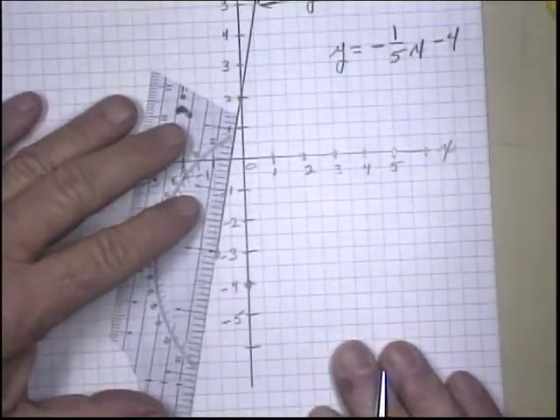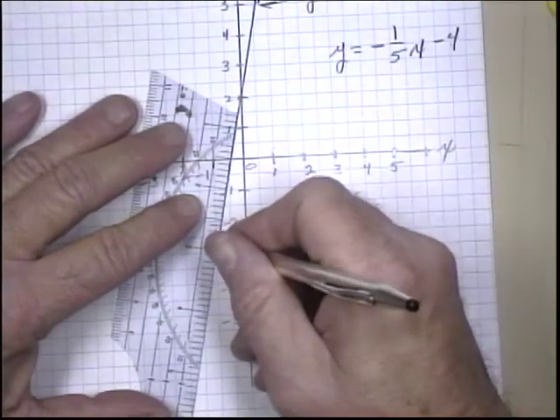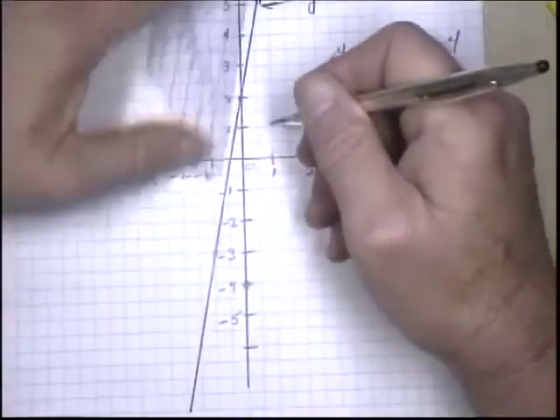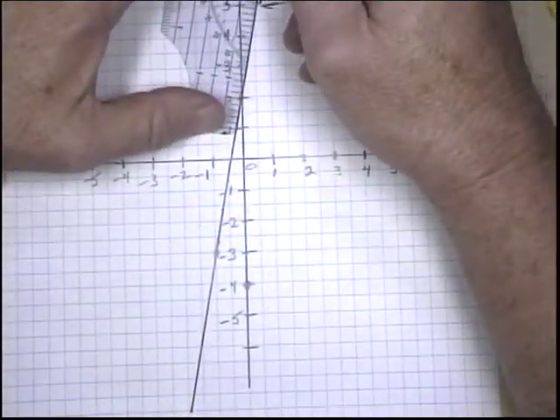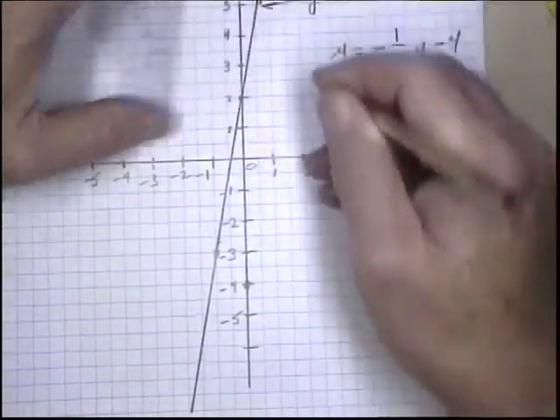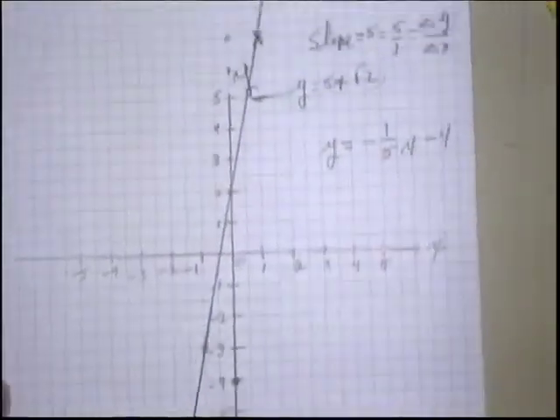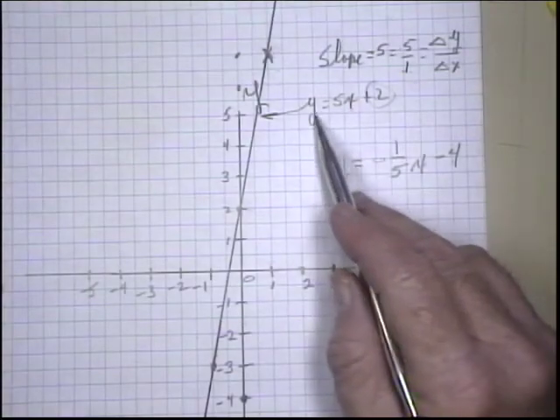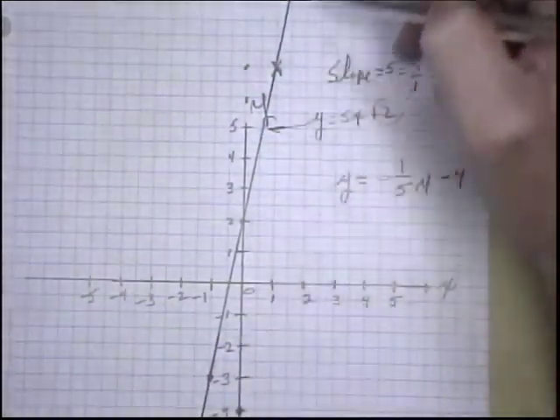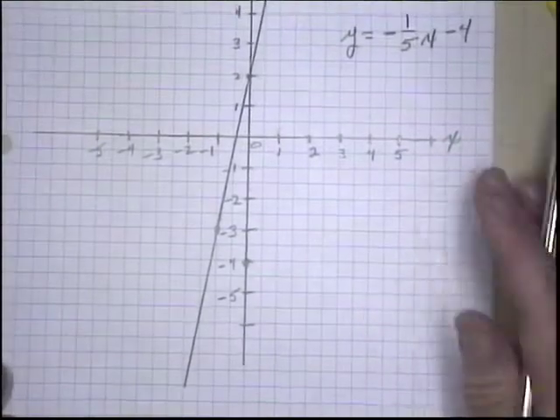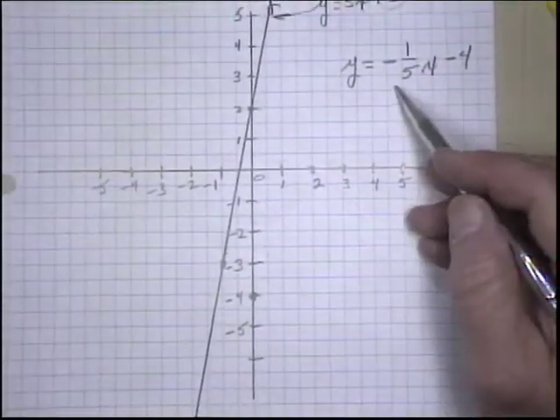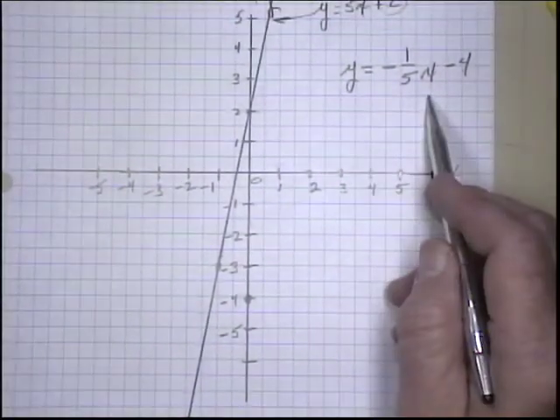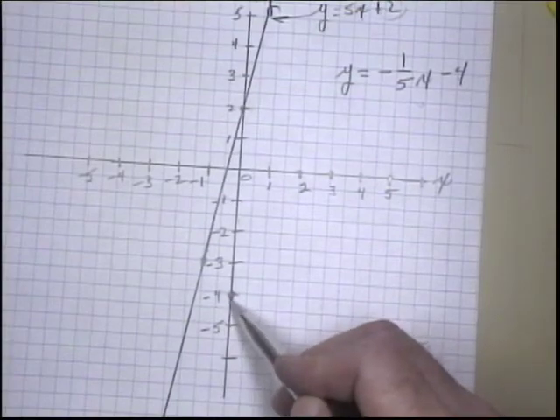These lines can be extended to infinity. And all the points that you can plug in for x and generate y, all of those ordered pairs will be located on this line. All right, so we have our second equation, and we found the intercept.